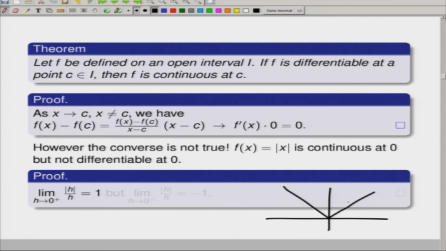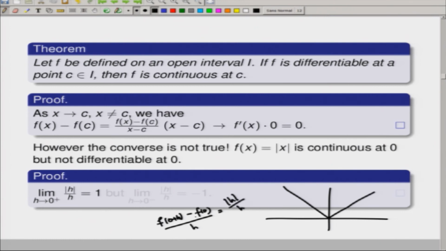Now, if I want to look at the derivative of this, we would look at f of 0 plus h minus f of 0 divided by h. So, f of 0 plus h is mod h, this is mod h minus f of 0, mod 0 is 0, divided by h.